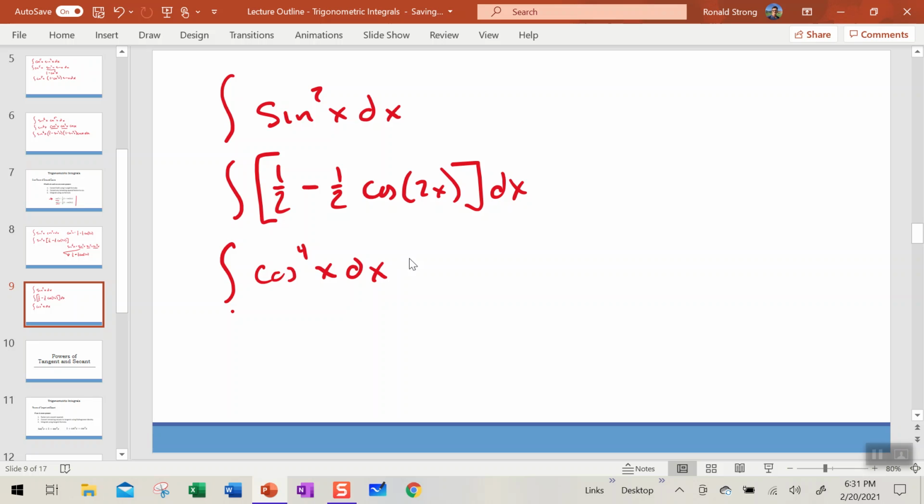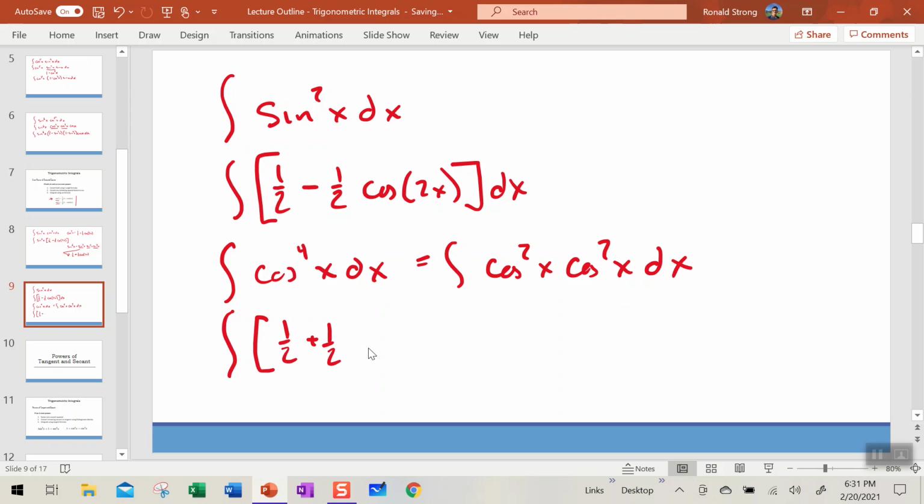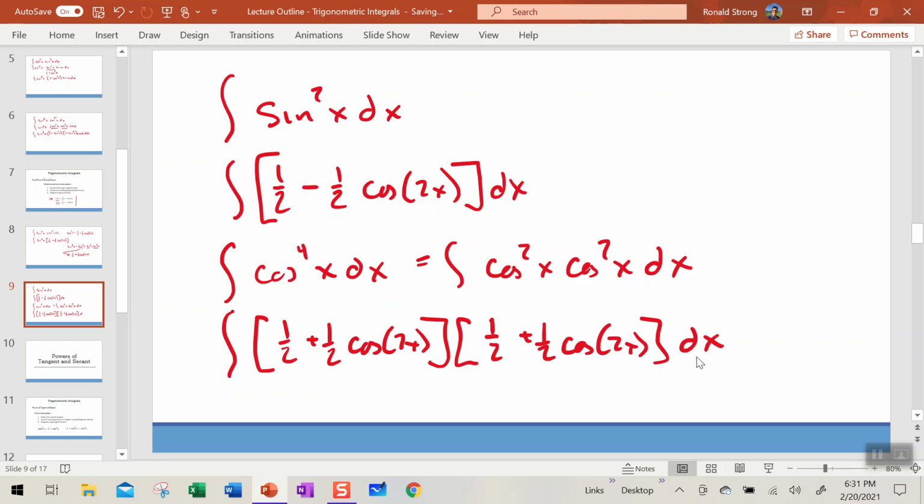Well, we have to break that into the integral of cosine squared x times cosine squared x dx. And then that would become 1/2 plus 1/2 cosine 2x times another 1/2 plus 1/2 cosine 2x dx. At this point in time, you would perform a little bit of algebra on it, simplify it, and then we're going to be doing a u substitution.